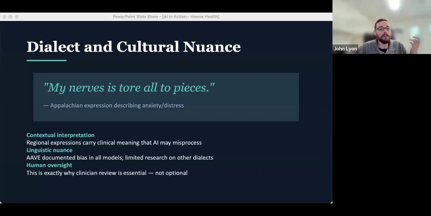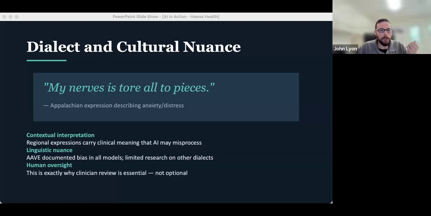There is documented bias with African American vernacular English in all models. There's limited research on other models, but since it's transcript based, it seems to apply to anything that is not standard American English. So that's something to be mindful of moving forward.